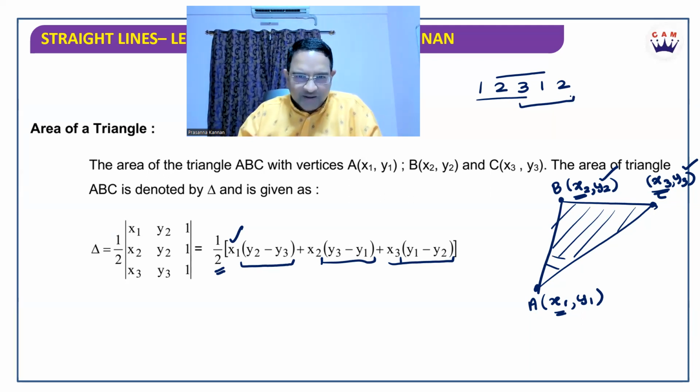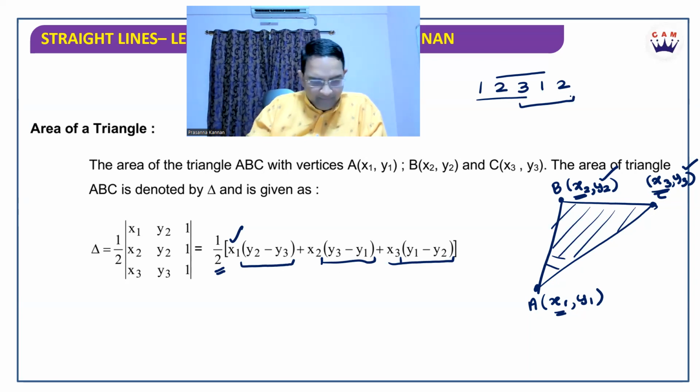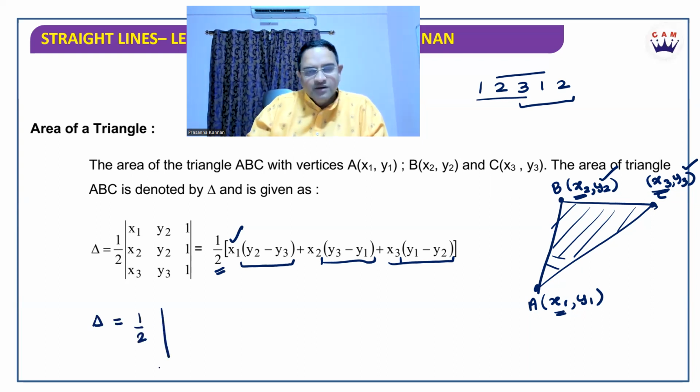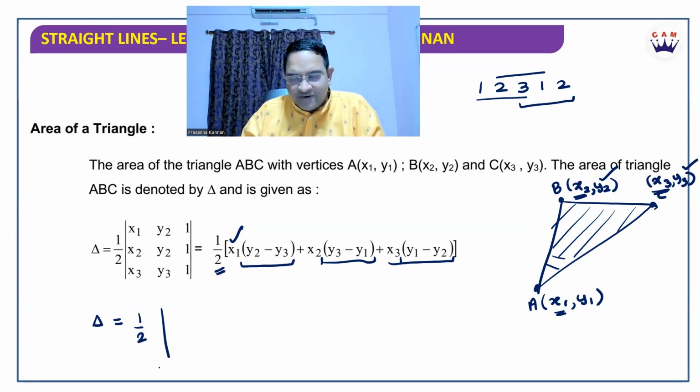Now let me just quickly tell you how you can relate it to the determinant. The area of the triangle is given by half. If you remember the cross product, students, we write i cap, j cap, k cap in the first row. Do you remember? Did we do the cross product or not? I think we have done the dot product.